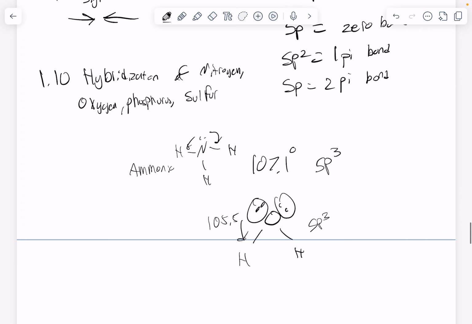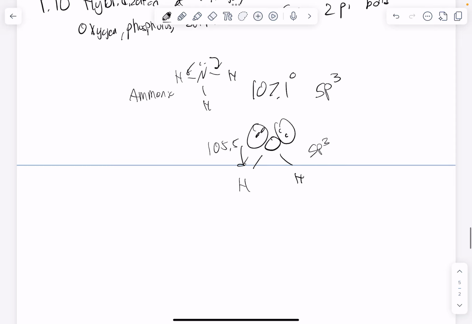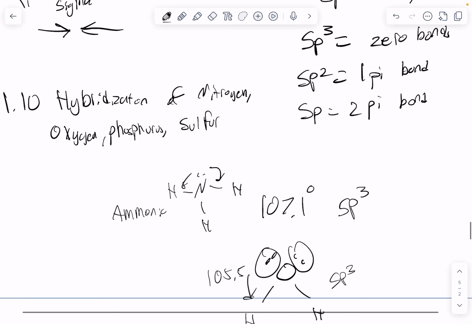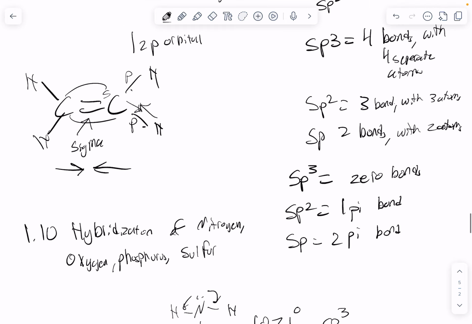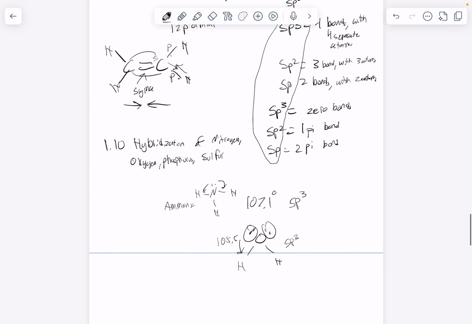And that's really close to 109.5. So that's why it's sp3 hybridized. So hybridization is based mostly on the geometry of the molecule, but this is a good trick that I've used, and I've gotten a lot of questions right just by using this trick, and it's really easy to remember.